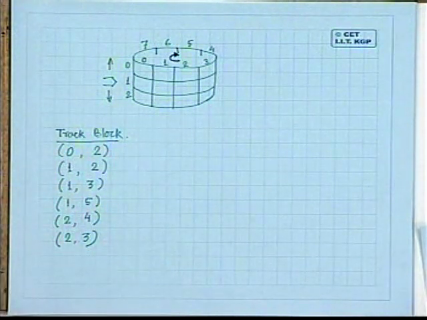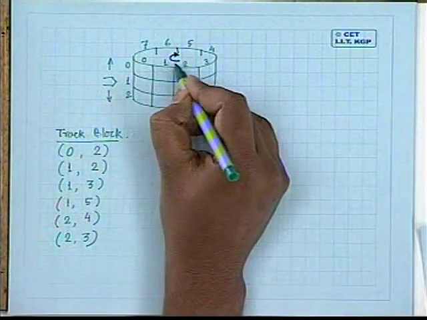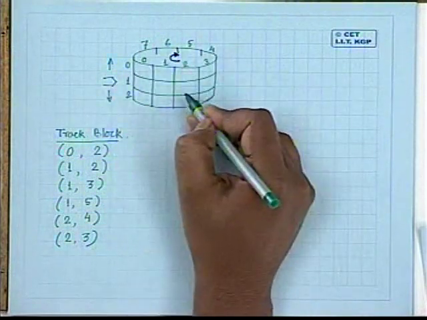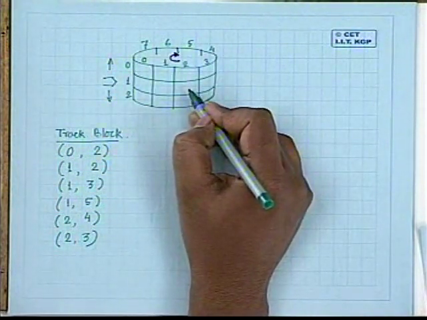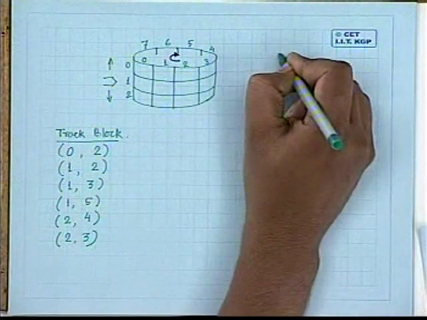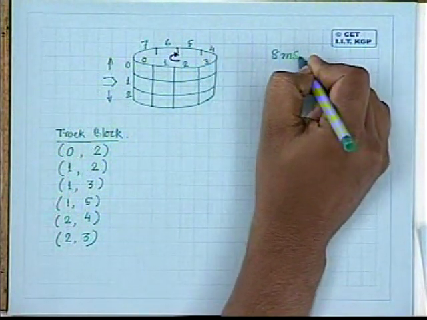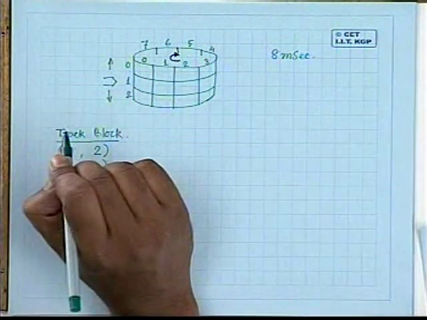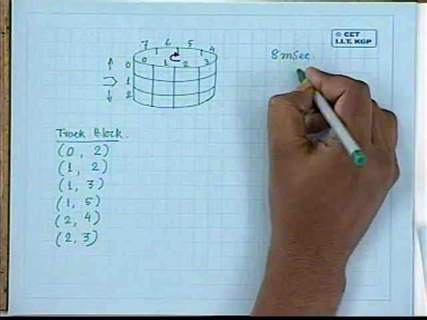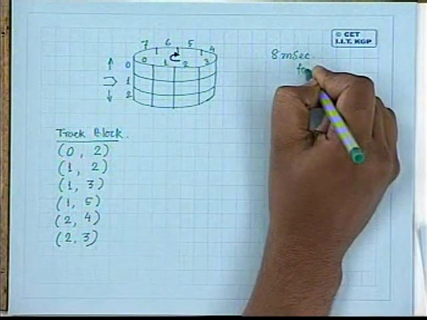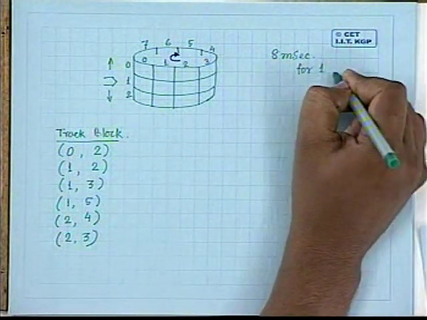We also assume that this magnetic drum completes one rotation in, suppose, 8 milliseconds. So 8 milliseconds for one revolution.